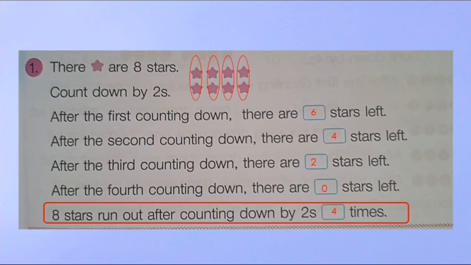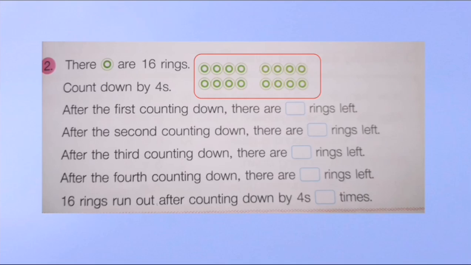And for exercise number 2, 3, and 4, I will be giving you one example for each, and then you will answer the rest of the activity. Okay, so let's go to number 2. Let's read together. There are 16 rings.